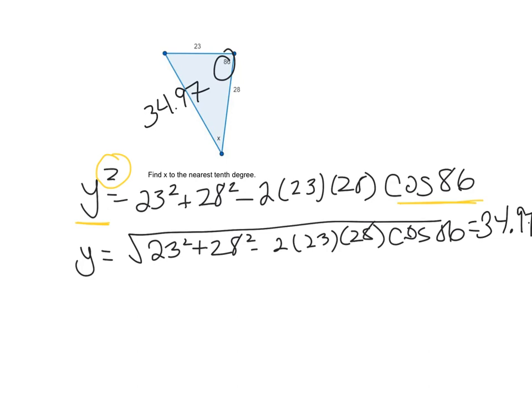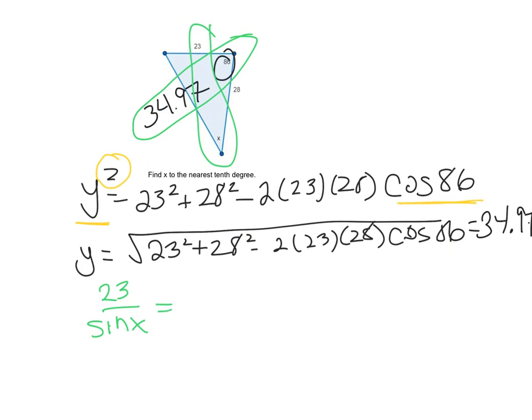All right, now that I have that, the easier thing to use is my matching pairs, which would be the law of sine. This guy matches, and this guy matches. So I'm going to use the law of sine to find out what x is. So let's go 23 over sine x is equal to 34.97 over sine of 86.